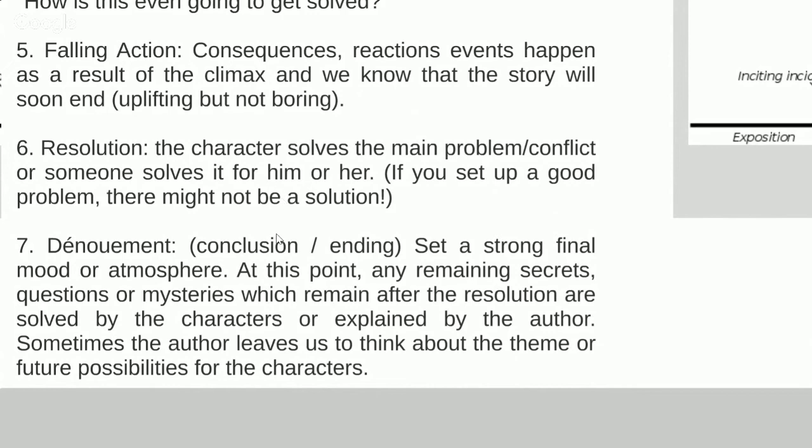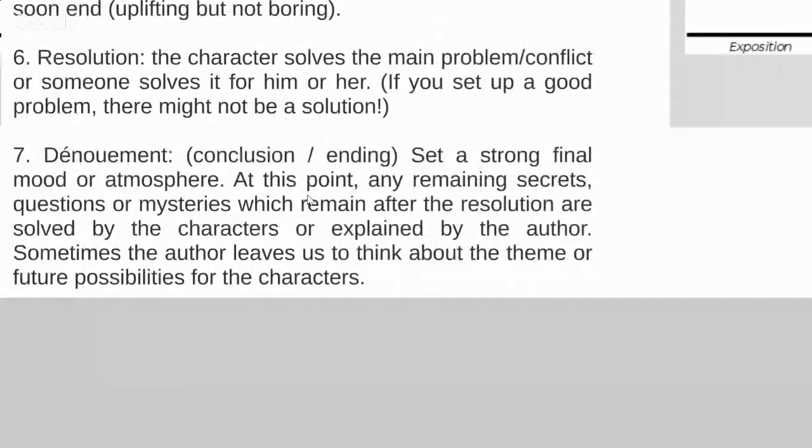And then at the end, the denouement, the conclusion or ending, you close the stage now with some atmosphere. Maybe you leave some mystery that might be in the air. It could be explained, and maybe you leave something for the continuation, some curiosity.